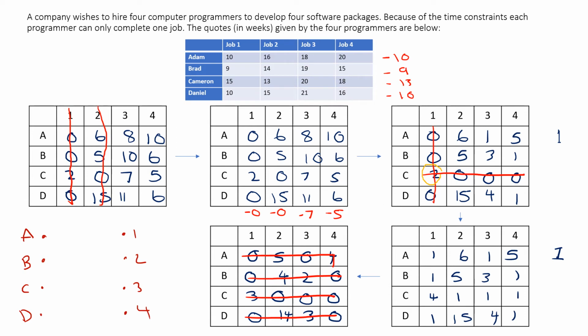All right, so Adam, looking at the table to the right, had a 0 at job 1 and job 3. Brad had a 0 at job 1 and job 4. Cameron looks like the most talented. He had it at 2, 3, and 4.